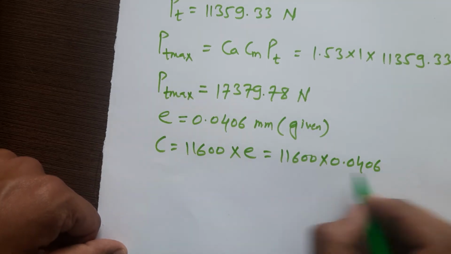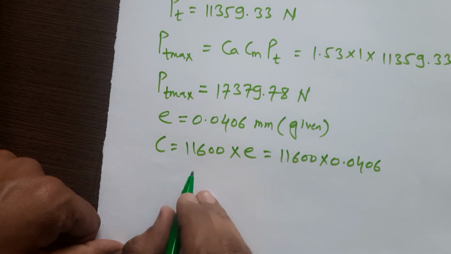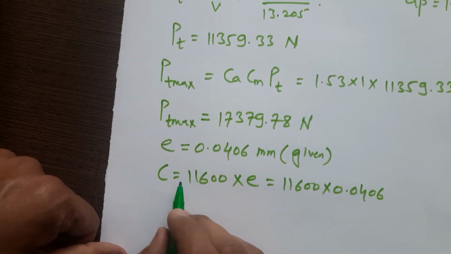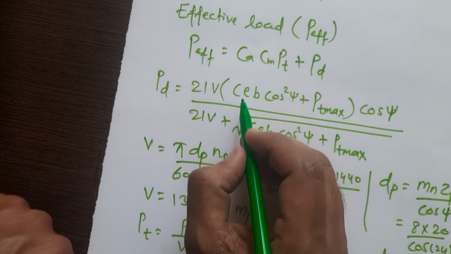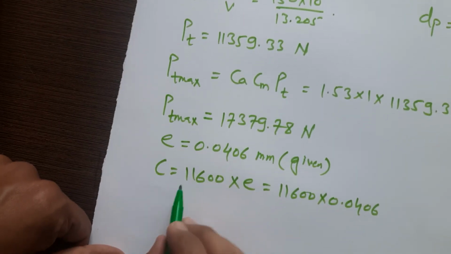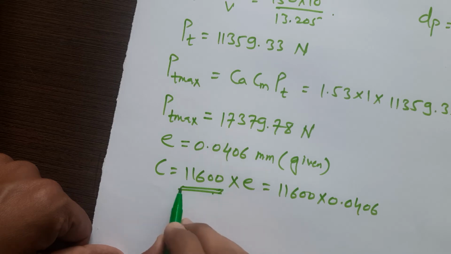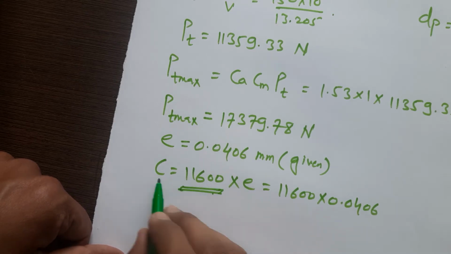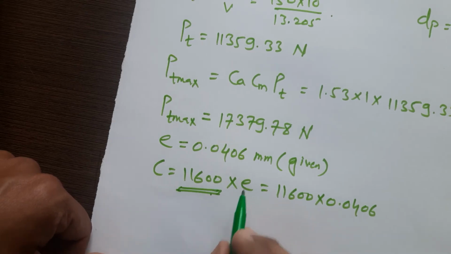Actually, here, if you are calculating C into E, you have to eliminate this E, because C is this much only. If you multiply C here with E, this question may arise.